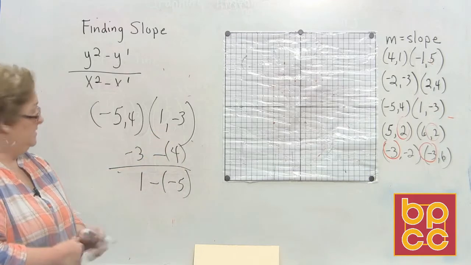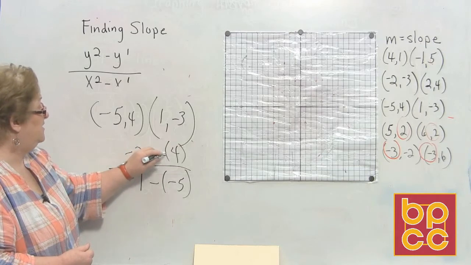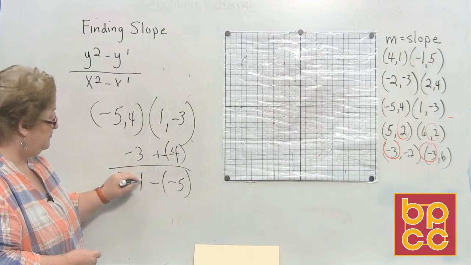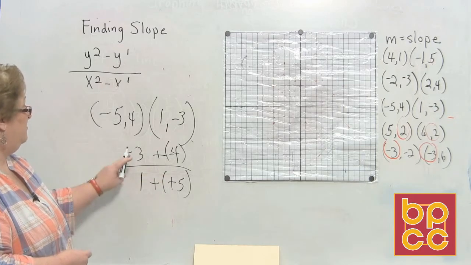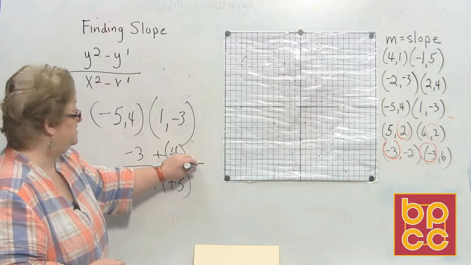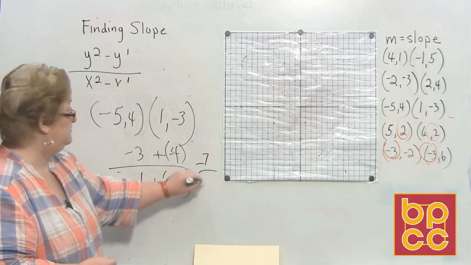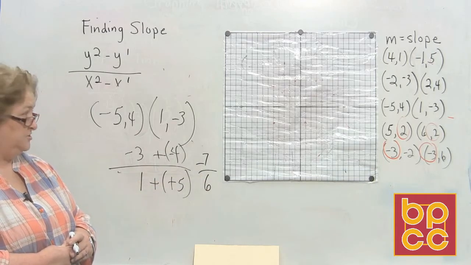Okay, here we go. I don't subtract. Negative 3 plus a negative 4, and keep the first one, add the opposite. We now have a negative and more negative is a negative 7 over a positive 6. Negative 7 over 6 is the slope.